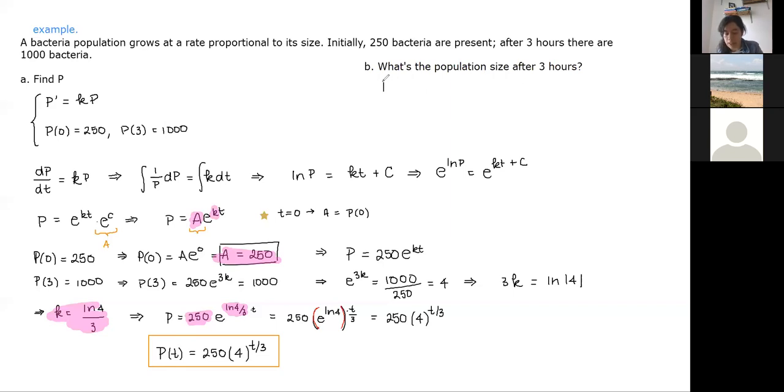So we have that P, the population after 5 hours, not after 3 hours, that was given, 5 hours. The population after 5 hours is going to be P of 5, so P at time 5. And by plugging into this expression, that's going to be 250 times 4 to the 5 over 3.